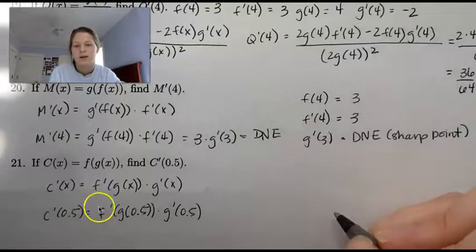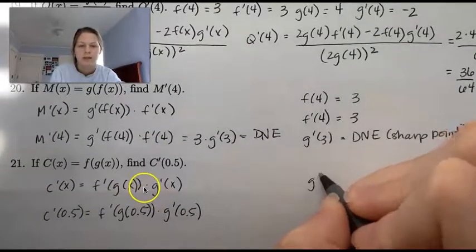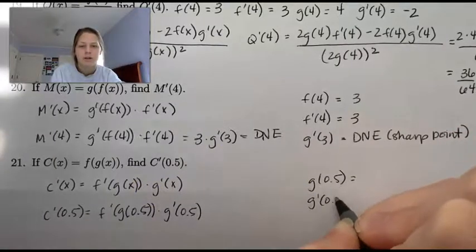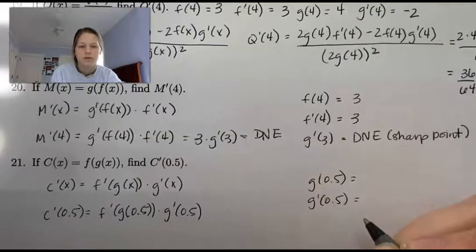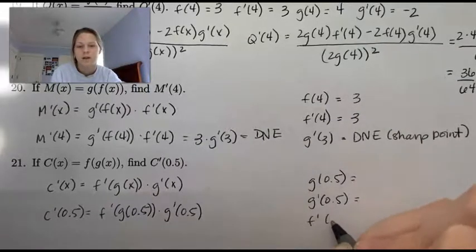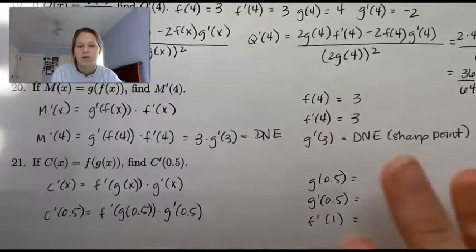So you plug in 0.5 where we have all the x's, and then the values we need to find, I'll write out over here. So g of 0.5 and g prime of 0.5, and then f prime of 1, which you'll need. So we will move up to the graph next to find these values.